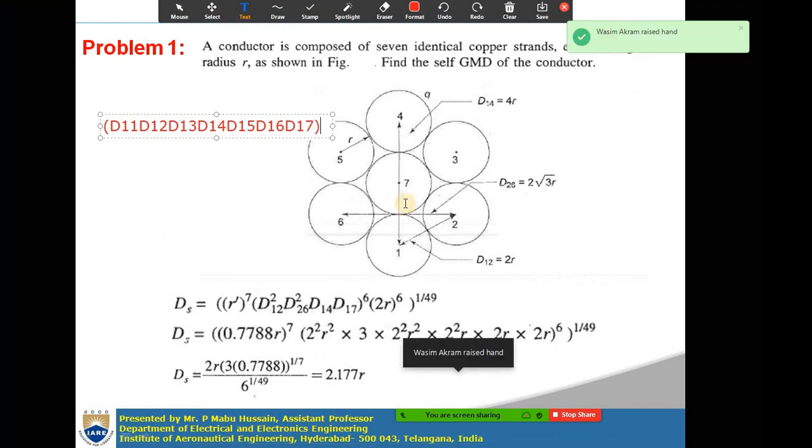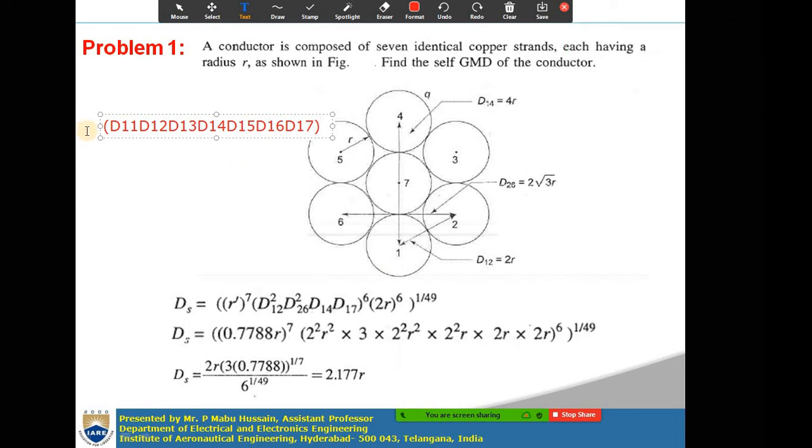So when you consider the first strand of the conductor, this will be D11, D12, D13, D14, all the distances from the first strand to other strands, multiplied into the second strand. When you consider the second strand, D21, D22, D23, D24, D25, D26, D27. So this is the product. Like this you have to write up to the seventh.